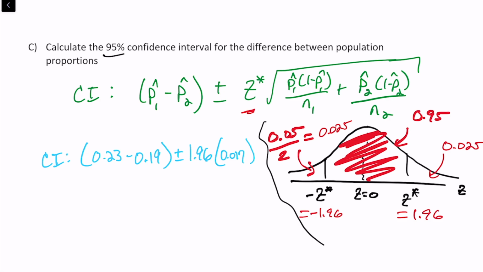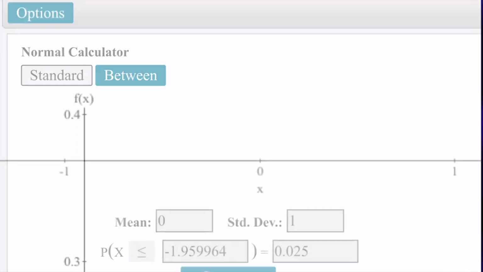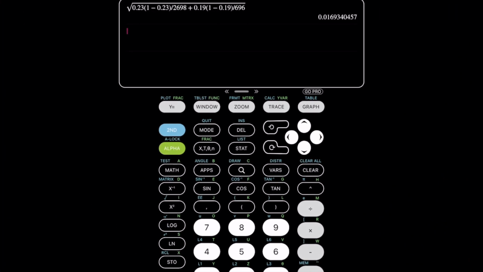Okay, so what's our confidence interval? If I take 0.23 minus 0.19, that's 0.04, plus or minus, let's go to our calculator, 1.96 times 0.017. To 3 decimal places, 0.033.